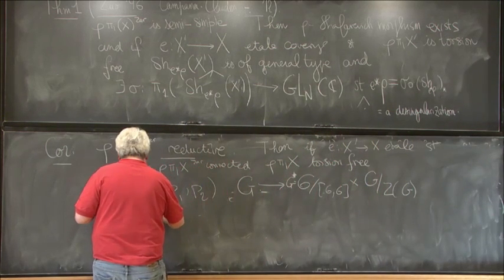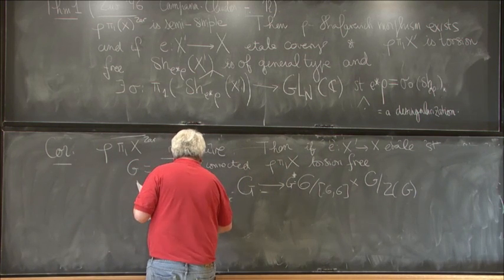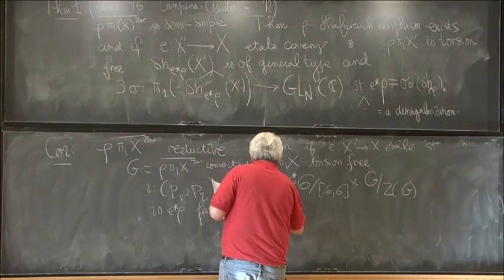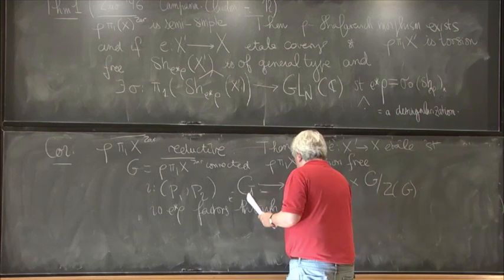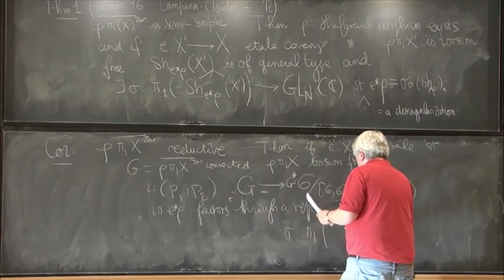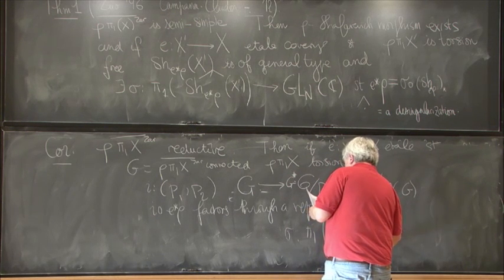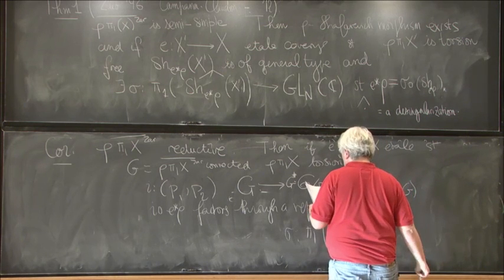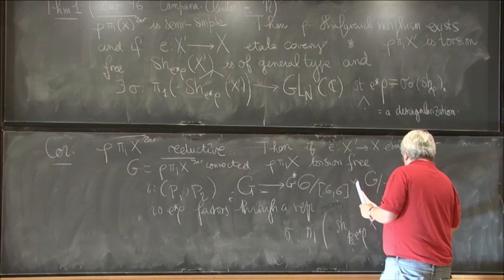Then this factors through a representation sigma of the product of this general type variety times the Albanese.